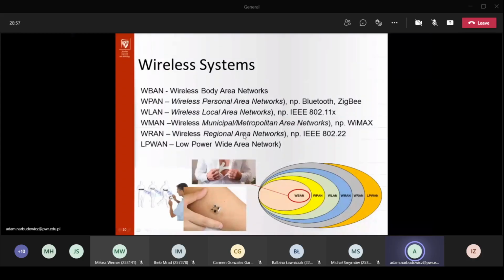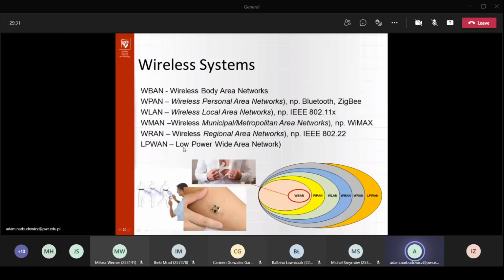Well, and then of course we can go to larger areas. What's interesting here is LP wide area network. The reason why it is interesting is that this is a significant thing for something which is called Internet of Things. So basically the problem here is that you want to have one access point which covers a very wide area, even up to several kilometers.